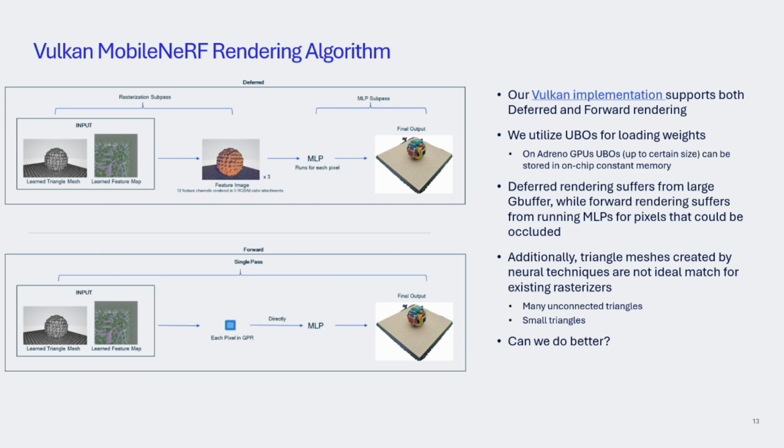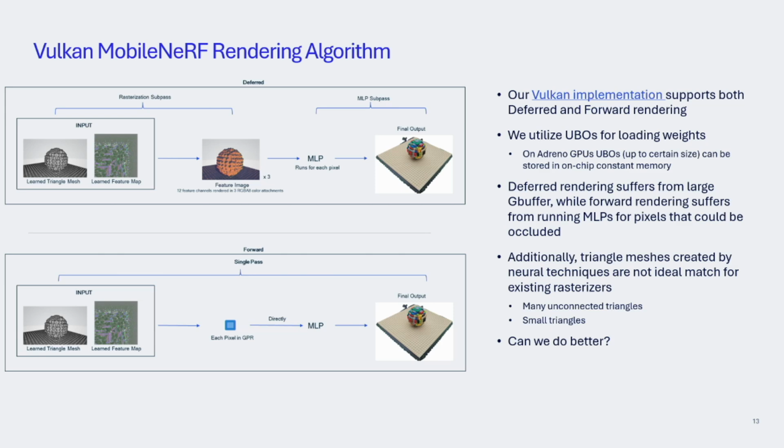That's where the MLP runs per pixel. In forward rendering, we have a single pass. Both things run in one large shader. What we did was utilize UBOs to load the weights instead of textures. On Adreno GPUs, UBOs up to a certain size can be stored in constant memory, so that's really fast.